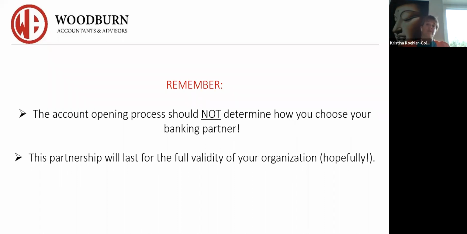You need to determine your banking partner based on your needs from the bank, whether it's having credit facilities, whether it's having a debit card, credit card, whether it's being able to manage your account from overseas, whether it's having a relationship manager available to you to be able to have discussions with in the English language about your bank account, about transactions that are occurring, about documents that may be needed, okay? This partnership will last the full validity of your organization.